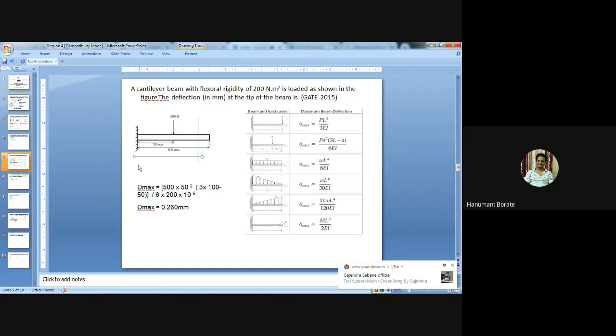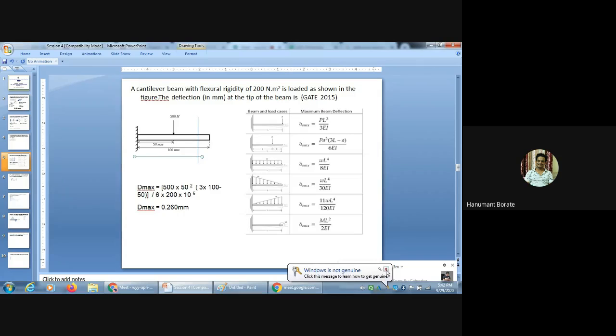This boundary condition will be useful to find the constants of integration, C1 and C2. After putting those values in the deflection equation, we put x equal to 100 mm to find the deflection at the end point. So that is the conventional method. It is time consuming, but you will get a definite answer. Here you need to remember a number of formulas for the standard cases.